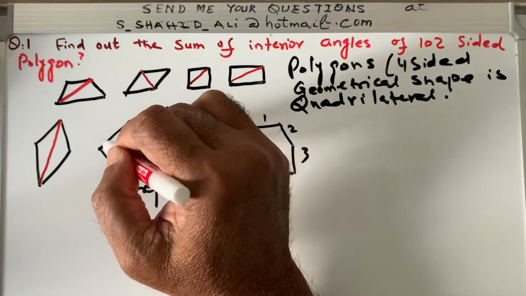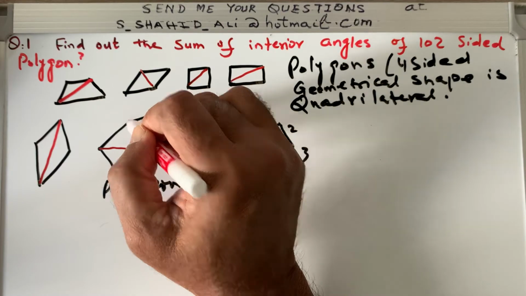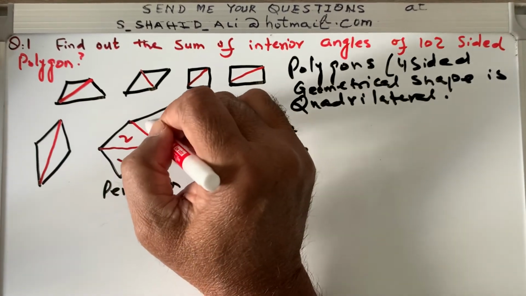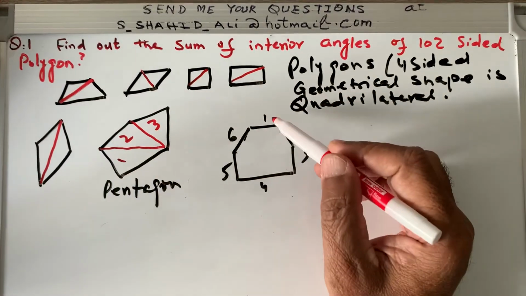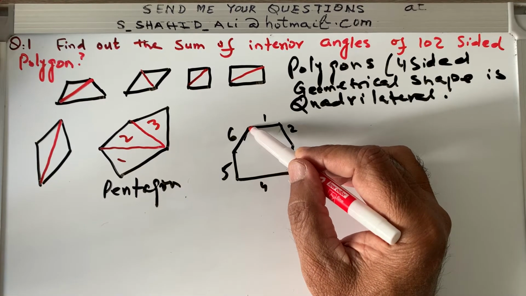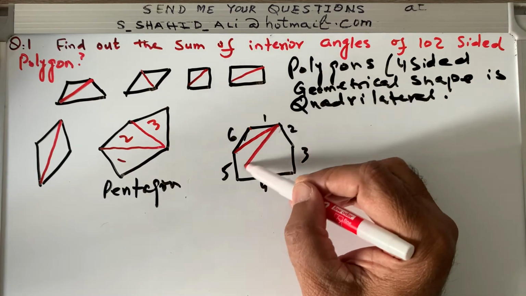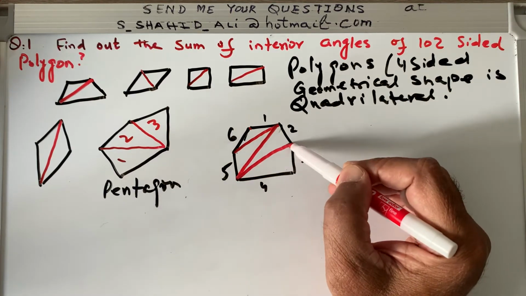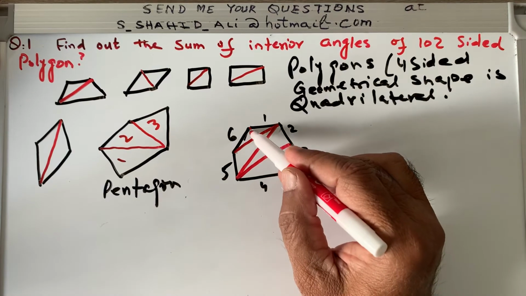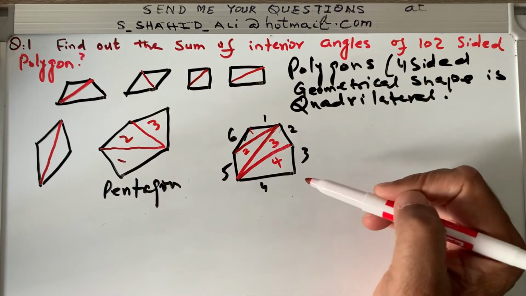In this figure I can make 1, 2, and 3 triangles. If I go from here, I can make one triangle, two triangles, three triangles. So how many triangles do I have? 1, 2, 3, 4. Four triangles, right?